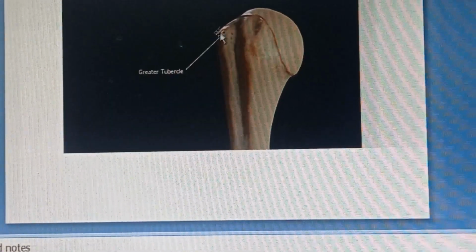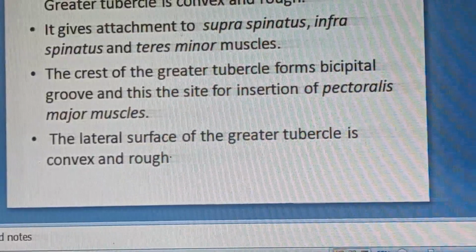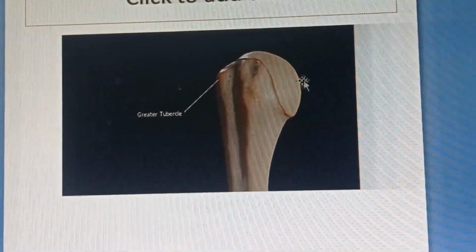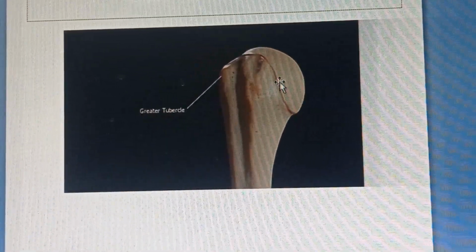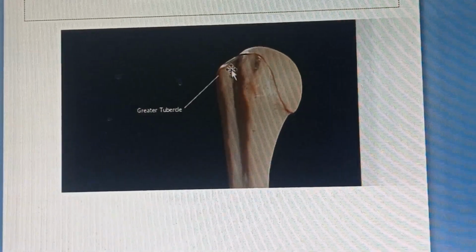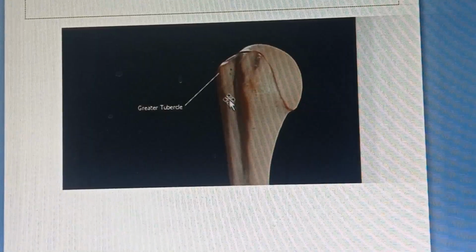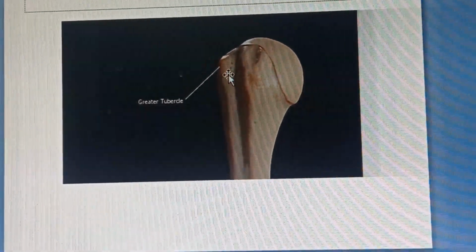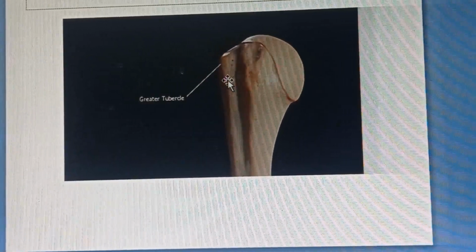This protruding portion is called the crest, to which the pectoralis major muscle is attached. So we have studied three landmarks at the proximal end: the head, the separating line, the neck, and this lateral portion, the greater tubercle, to which the supraspinatus, infraspinatus, teres minor and pectoralis muscles are attached.